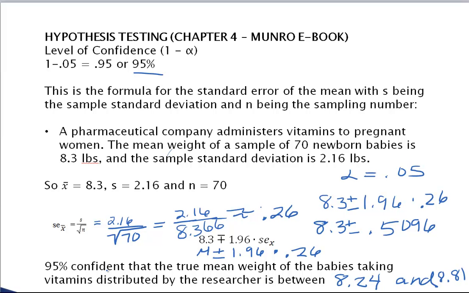So basically, this tells us that we're 95% confident that the true mean weight of the babies taking the vitamins distributed by the researcher is between 8.24 and 8.81.